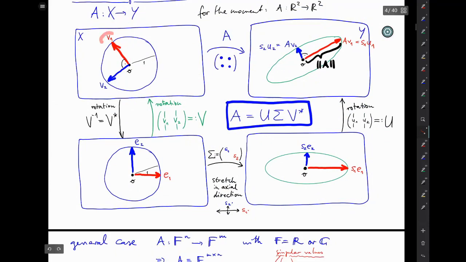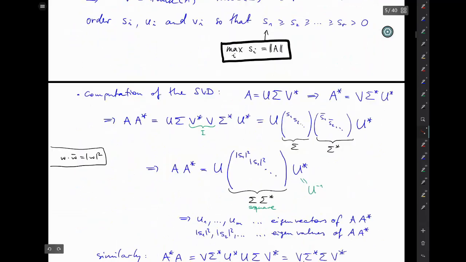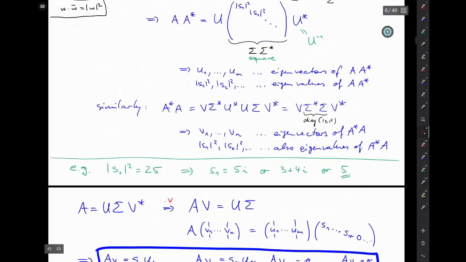So your input vectors v1 and v2 are such that A applied to them gives you just the other singular vectors times the singular values, right? Here and here. Okay, and this is the 2D baby version of what we have here in this box now.